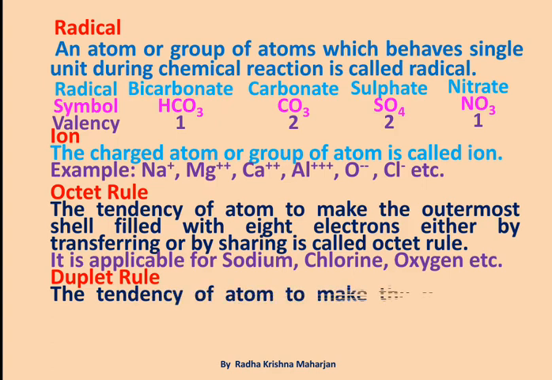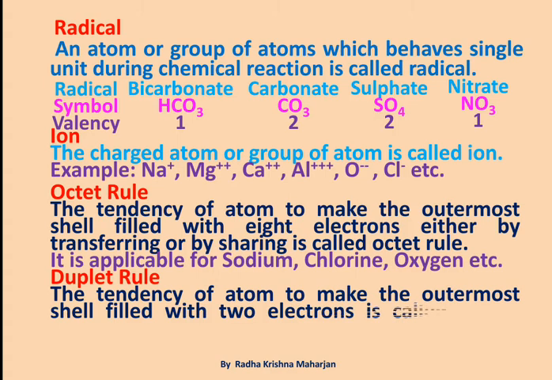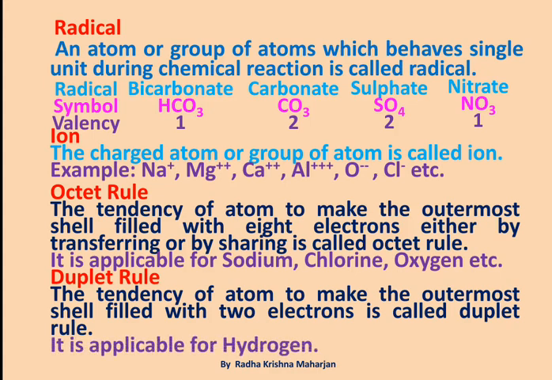The tendency of atom to make the outermost shell fill with 2 electrons is called duplet rule. It is applicable for hydrogen.